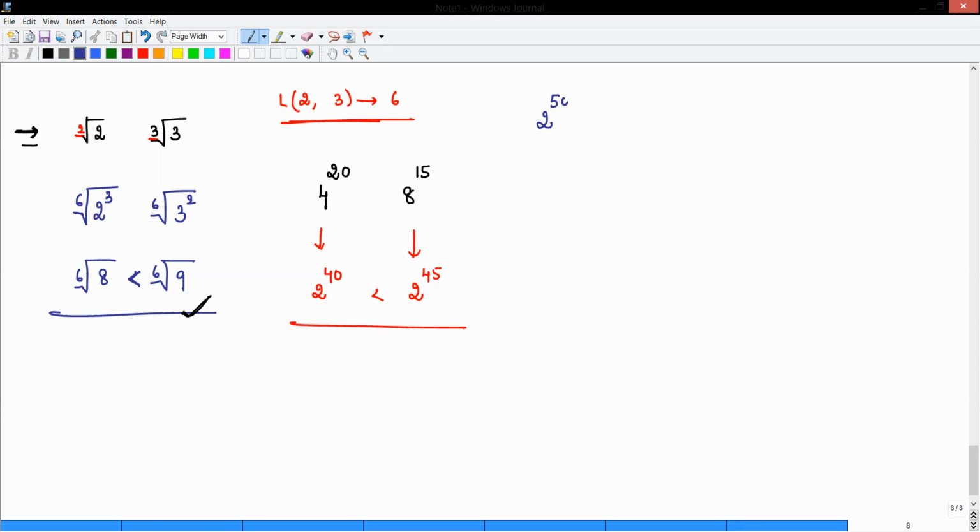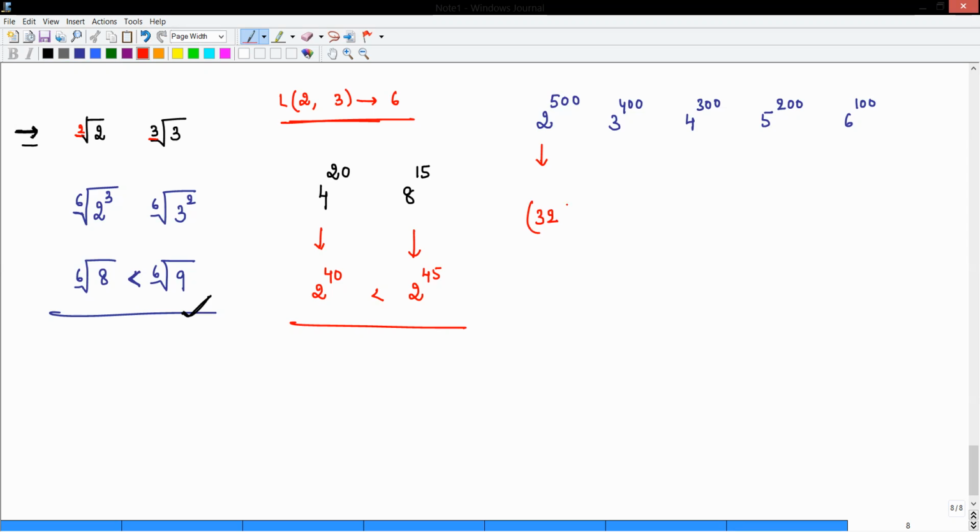Sometimes you'll get 2 power 500, 3 power 400, 4 power 300, 5 power 200, 6 power 100. Which of them is greater? All powers you can just equate. Let all powers be 100.